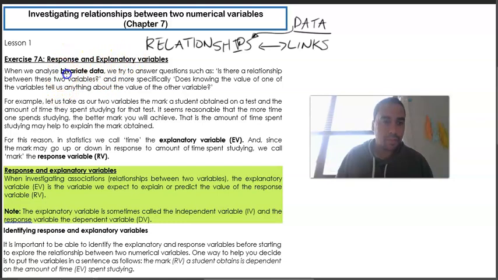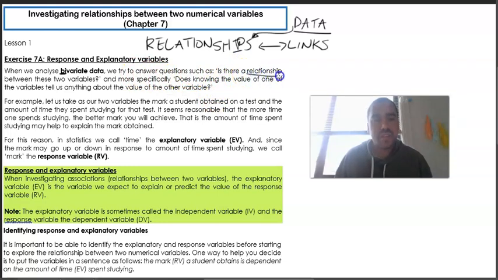Bivariate, the bi here just means two. Okay, so bi, and I'm pretty sure it's Latin, just means two. And variate, think of something that varies. So we have data, and there's two forms of it that vary. Okay, think of that. That's bivariate data. We try to answer questions that have been proposed, such as, is there a relationship?